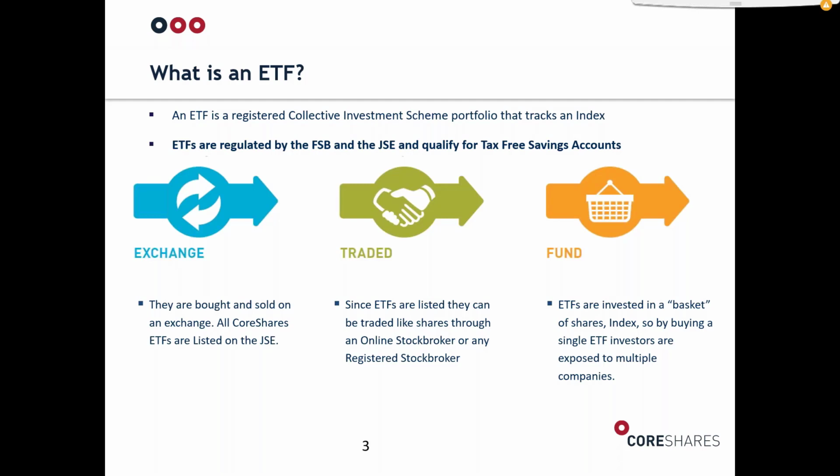If you buy a gold ETF, for example, the underlying gold is being stored in a warehouse somewhere for you, but they're not collective investment schemes. So those do not qualify for tax-free savings accounts. But most ETFs on the JSE are CIS portfolios, so they qualify. That's the very high-level difference between why some qualify for TFSA and some don't.